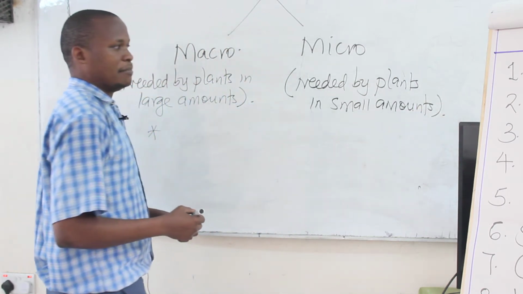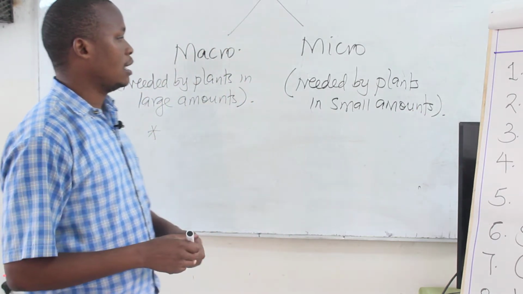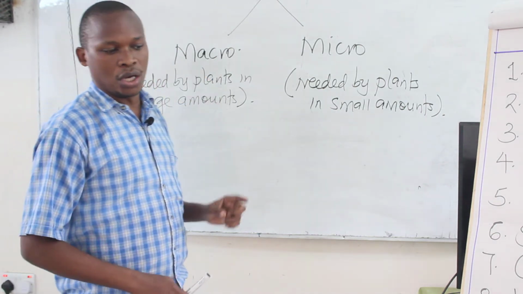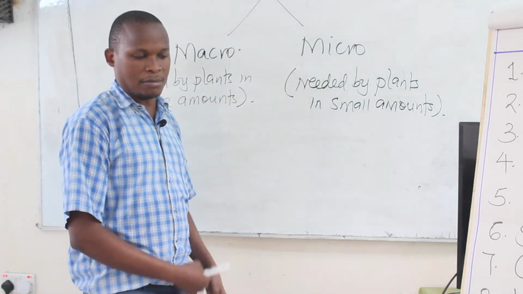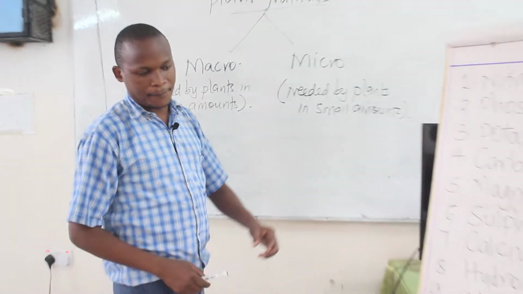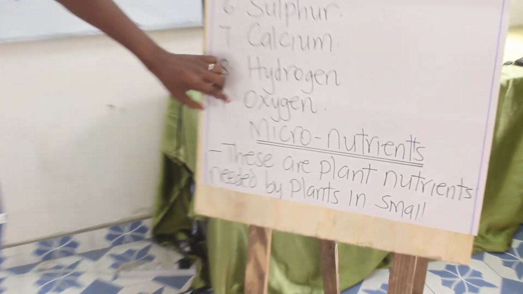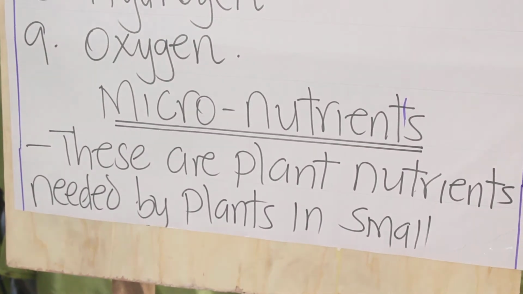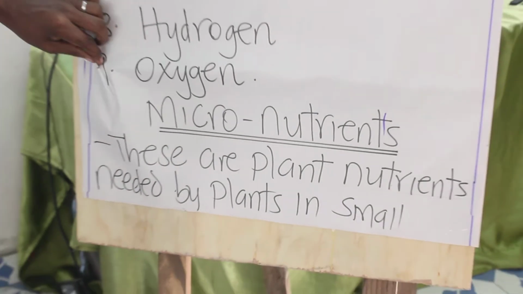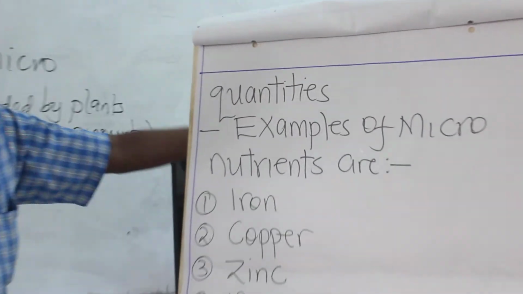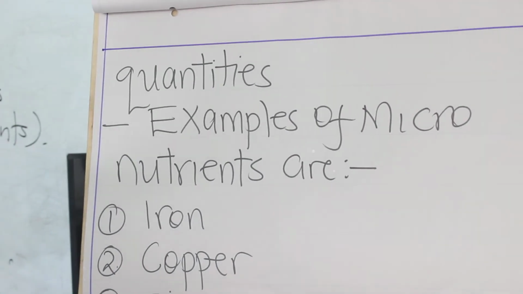They are plant nutrients that are needed by plants in small quantities or amounts.